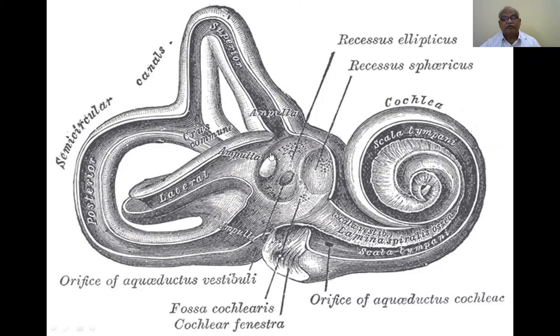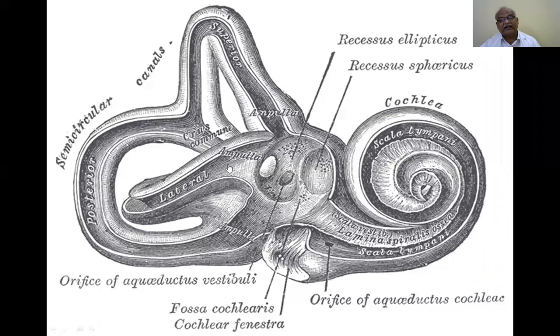Now if you see the diagram, the position of this one is at right angles to the vestibule, and this one is parallel to the vestibule. You see how the posterior one is in direction. So the position of the posterior semicircular canal is parallel to the axis of the vestibule, whereas the superior is at right angles to the axis of the vestibule.